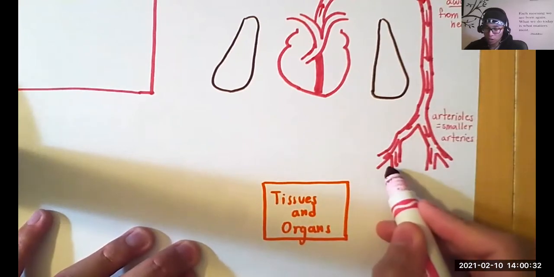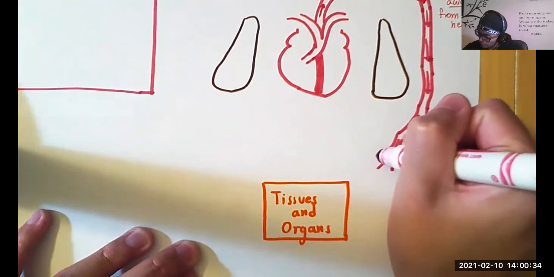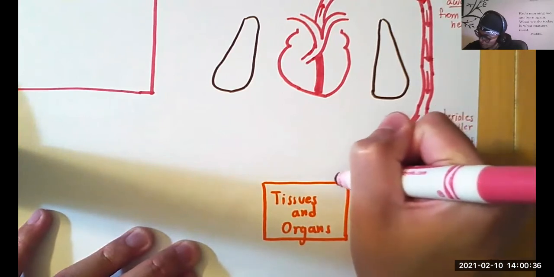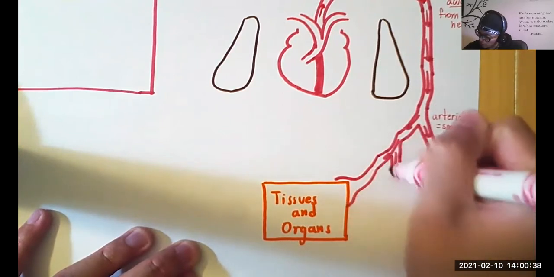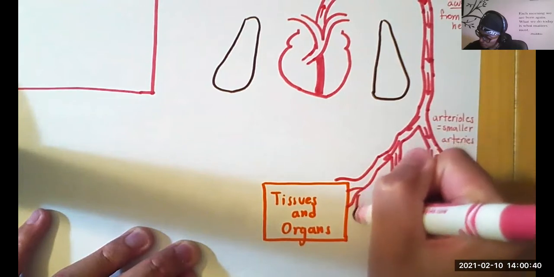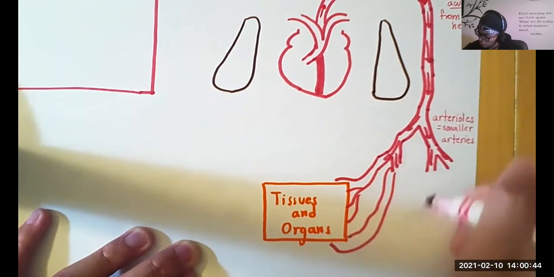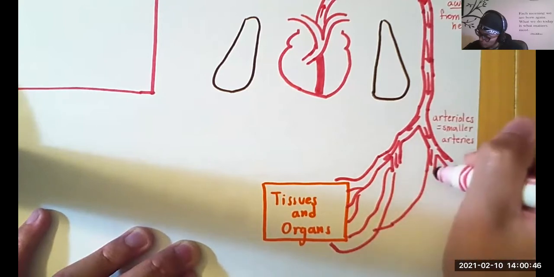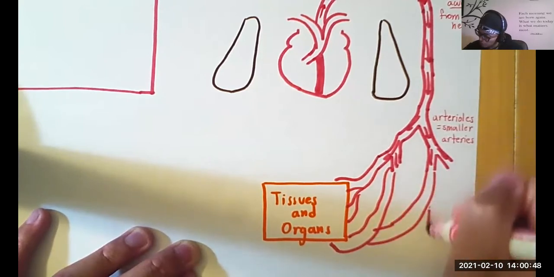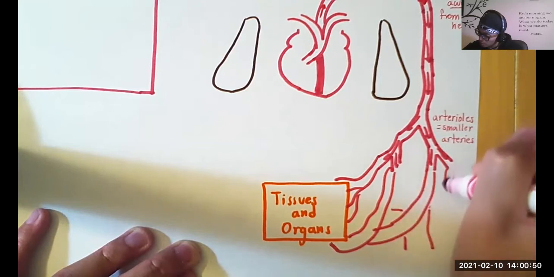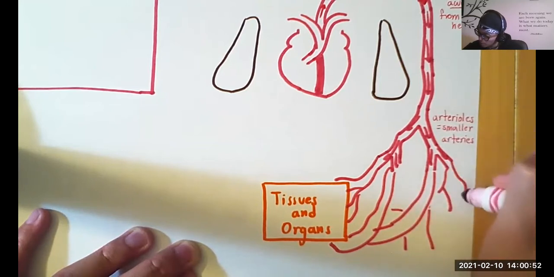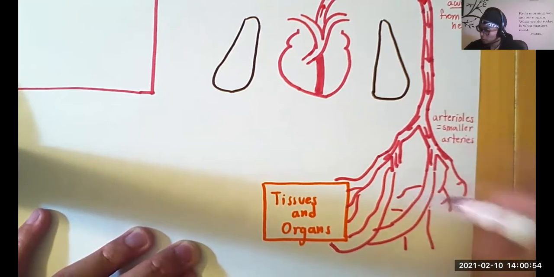Now I'm going to draw the vessels so small that you can't really even see them. They kind of just branch off like this. These as well. Put these over here. They kind of branch off like this. These are microscopic, by the way. You're not able to see them with your own naked eyes.